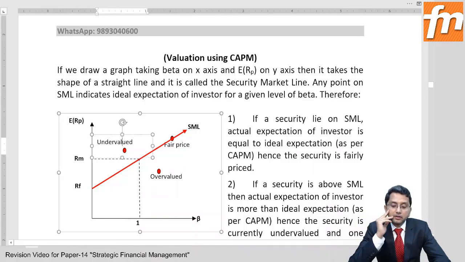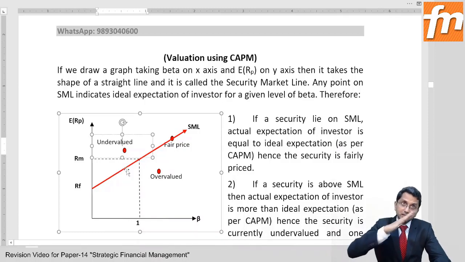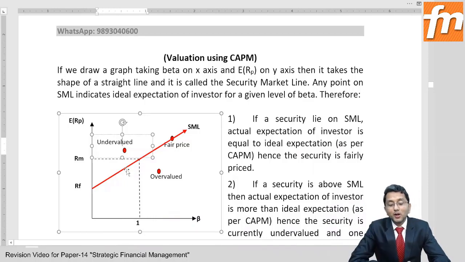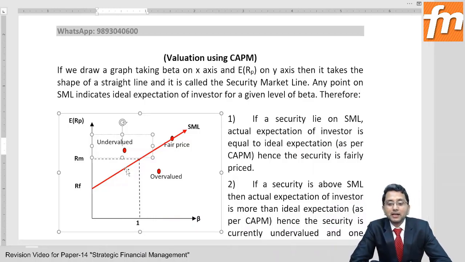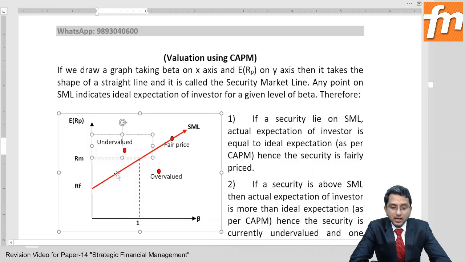Look here, this red dot, this is above SML. This is SML, this is above SML. What does it mean? That actual expectation is more than the ideal expectation. Ideal expectation is this straight line. Actual expectation is this red dot.